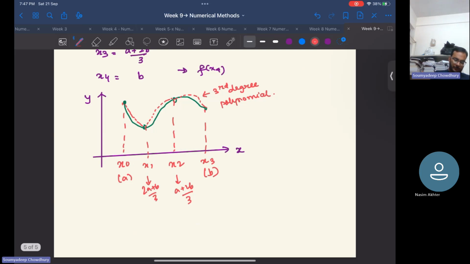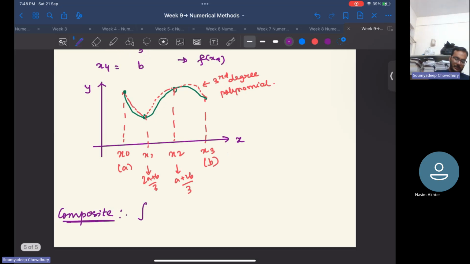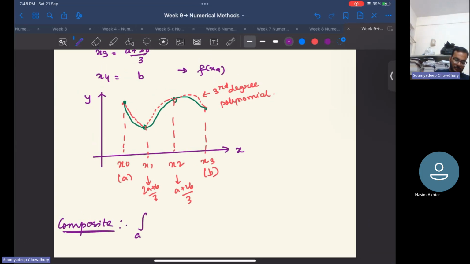So now if we go for the composite rule as I described previously, that is if you want more subintervals, then this is 1 unit, whatever I have shown here. If we take multiple units within one interval, that will give rise to composite Simpson's 3/8 rule.